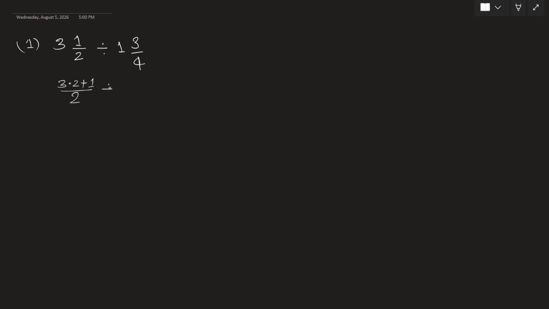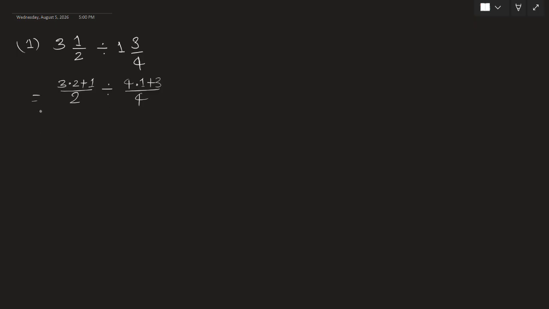We do the same with this fraction. We keep this 4 here and multiply this 4 by 1, so 4 times 1, plus we add this 3, which is in the numerator.